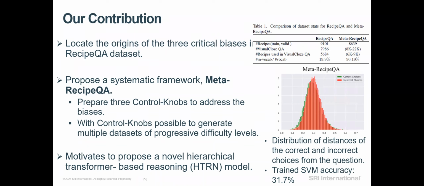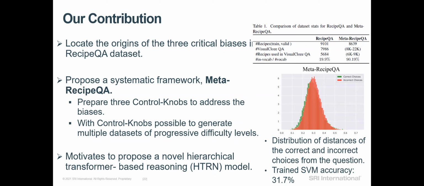And the main contribution of this kind of work is the following. This is something you may want to keep in mind in your work also, which is that it replaces the notion of a single test set with a cloud, as it were, around the test data set. So with these three control knobs, we take a single data set, but then we are able to, for various settings, generate multiple data sets of progressive difficulty levels, right?